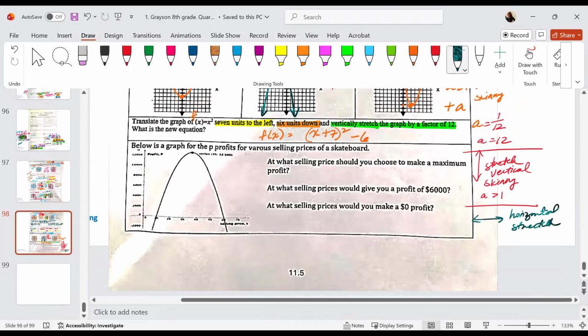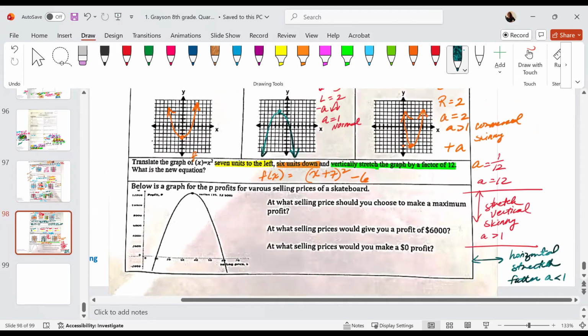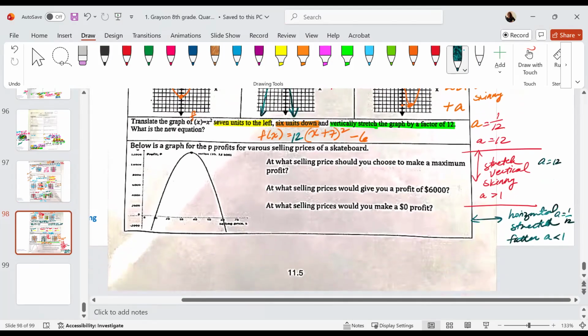So what that means is that it's being pulled, so it's getting fatter, correct? So that's a is less than 1. Does that make sense? So if it says vertical stretch by 12, then it's just a equals 12, right? Horizontal stretch by 12, it's a is 1 over 12. Do you see the difference? Vertical is just stretching this way, going up and down, so it's getting skinnier and thinner, right? So this is going to be 12. That's your answer.